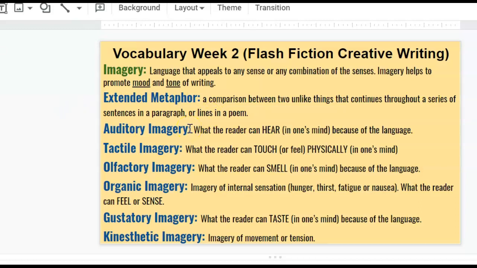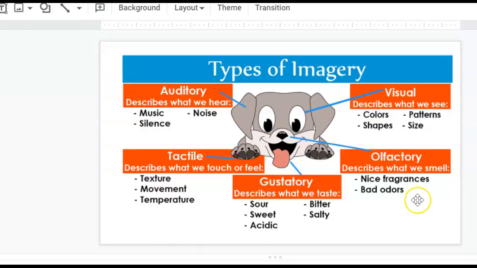Everything else that we're writing down has to do with imagery. So oftentimes when we talk about imagery, we mostly just picture visual imagery, and this was a pattern I saw come up in your narrative writing. There's a lot of really solid description about the way a classroom looked or the way your grandparents' house looked.